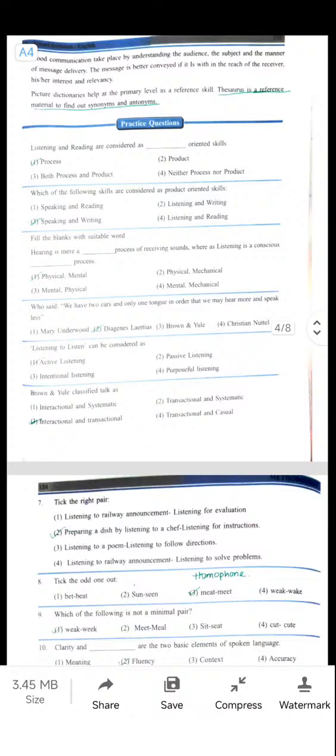So the children easily find the meanings of synonyms and antonyms, opposite words, in the thesaurus. The picture dictionary always helps the students. This is most important.